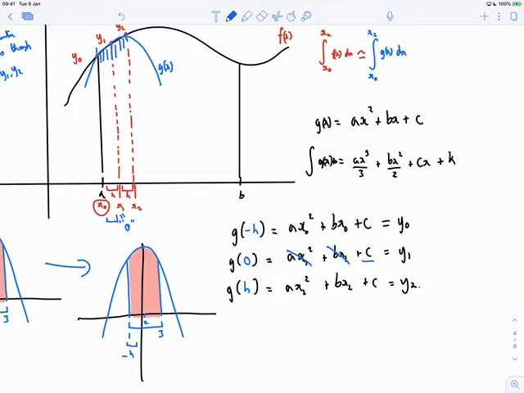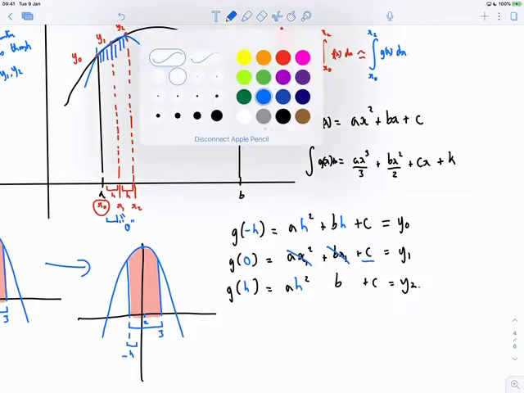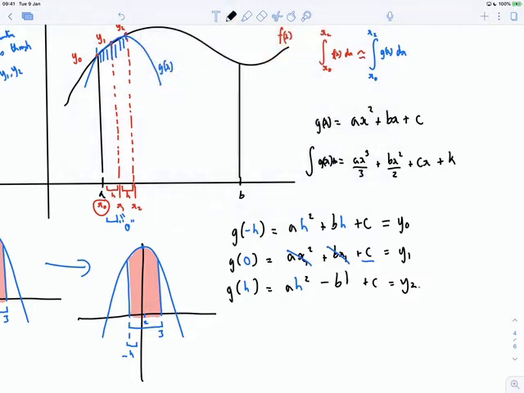Well, h minus h squared, minus h squared is going to be just h squared. X naught, that's just a h. On the bottom, minus h squared is going to be positive h squared. And x2, that's going to be negative h.